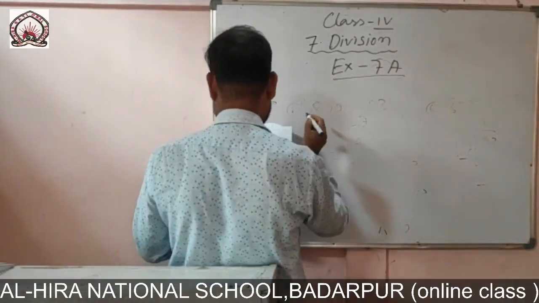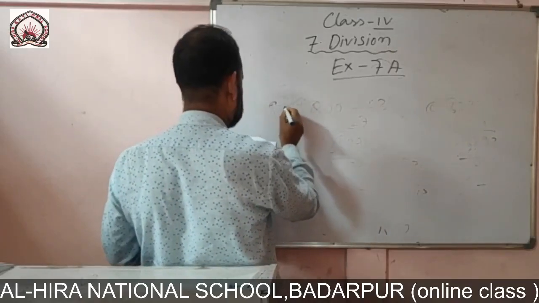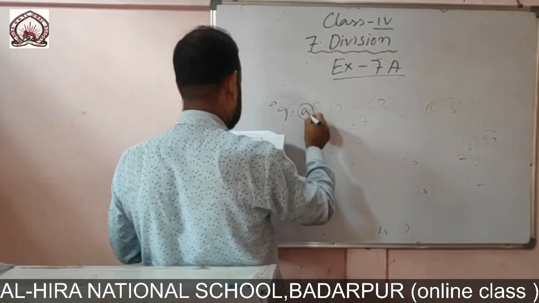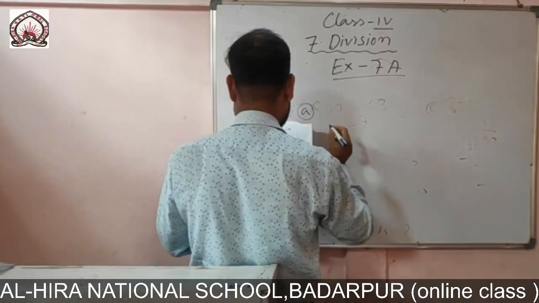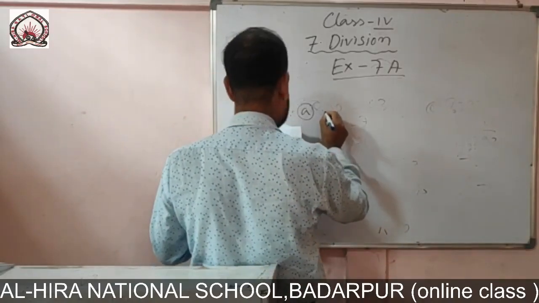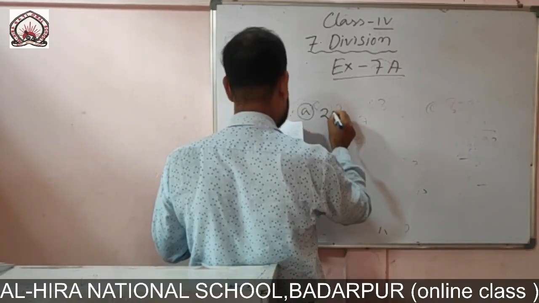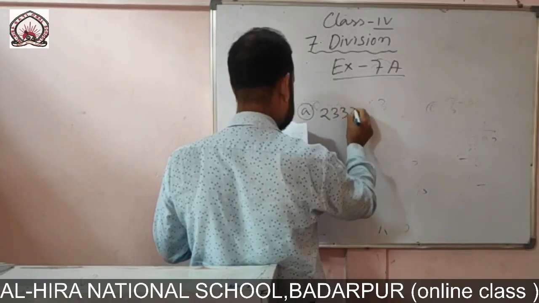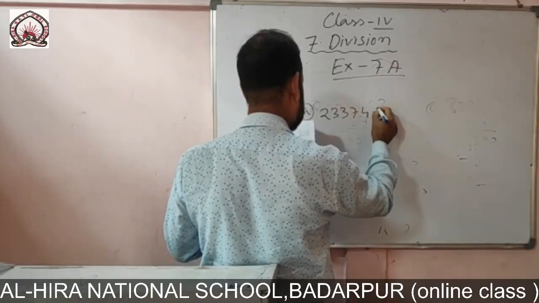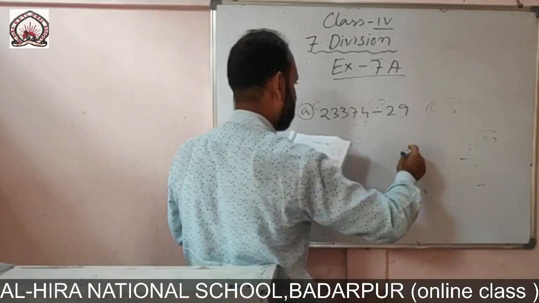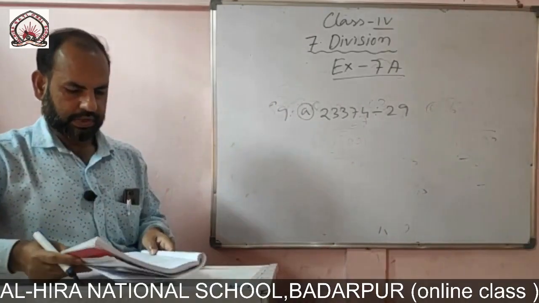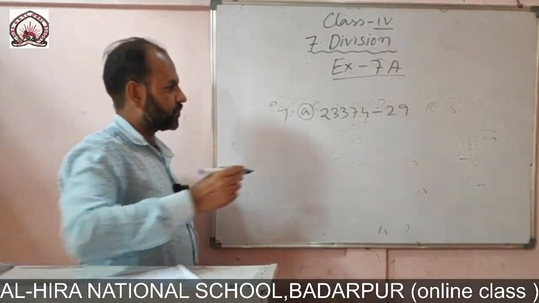Question number 9A. 23,374 divide 29. Divide 29.